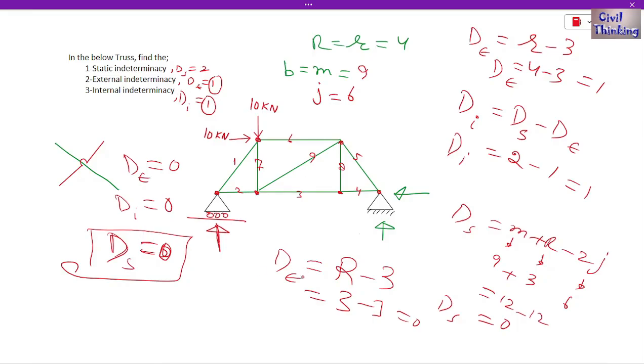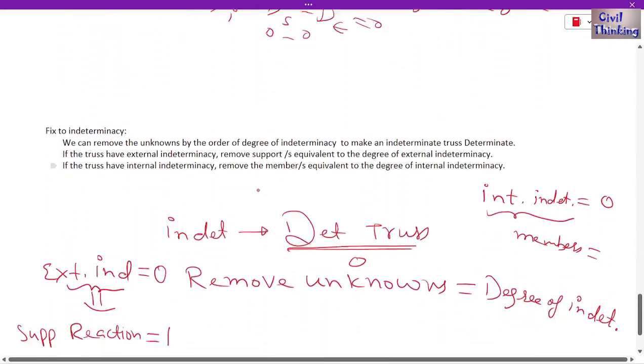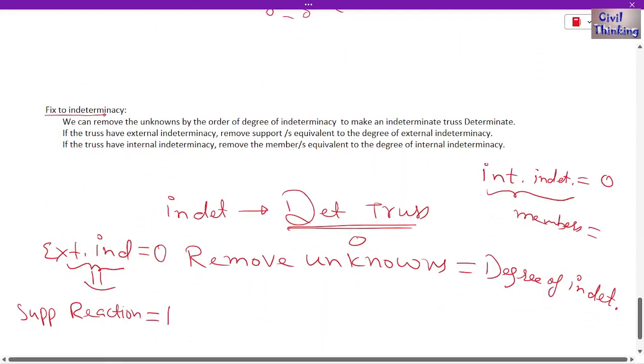It means yes, we can find the support reactions with the help of only equations of equilibrium, right? Now let us calculate the internal indeterminacy, which is total Ds minus De, right? So it is 0 minus 0, which is 0. So yes, the internal indeterminacy is also 0. So this is how we fix indeterminacy.